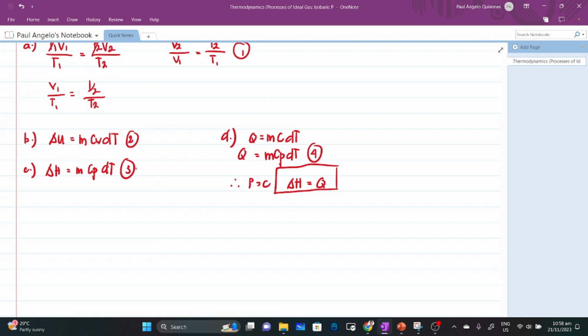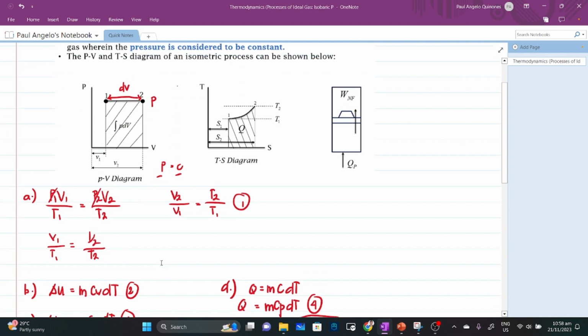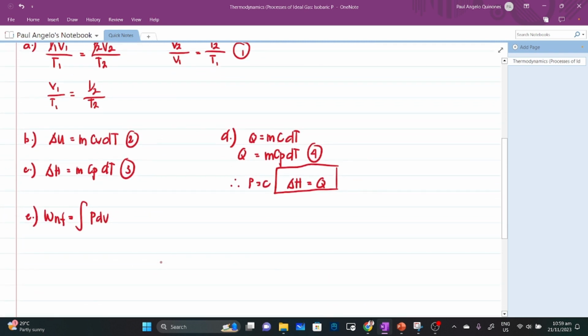Next, letter E. Let's proceed with the non-flow work. We've said earlier that the non-flow work is the area bounded by your PV diagram. We've said in an isobaric process that P is equal to C. Now, let's substitute C in this equation.